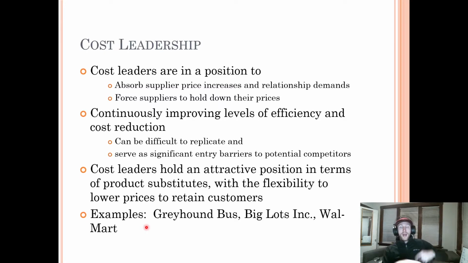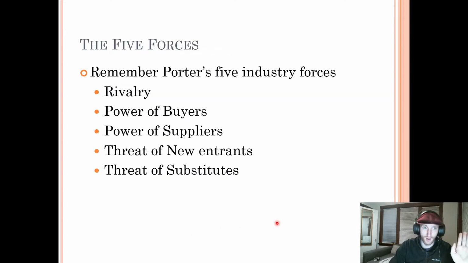And if you're constantly improving your efficiency for cost reduction, you are creating something that is really difficult to replicate, and it can create an entry barrier to potential competitors. Cost leaders also hold an attractive position relative to product substitutes because they have the flexibility to lower prices in order to retain customers. I just put some examples here: Greyhound, Big Lots, Walmart, all that good stuff.